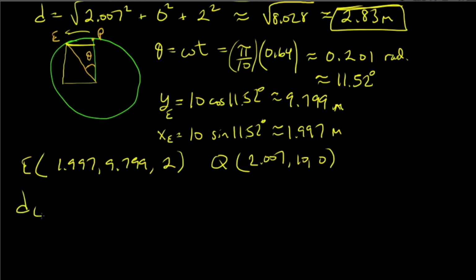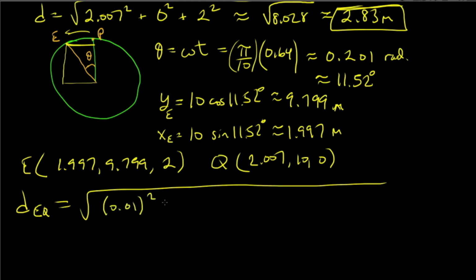The distance between E and Q is just the square root of all this mess here. 0.007 minus 1.997, so that's really just 1.99 squared, and then 10 minus 9.799, 0.201 squared, and then 2 minus 0 is 2 squared.